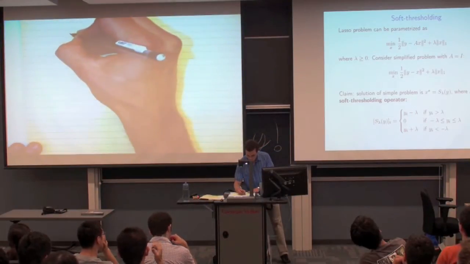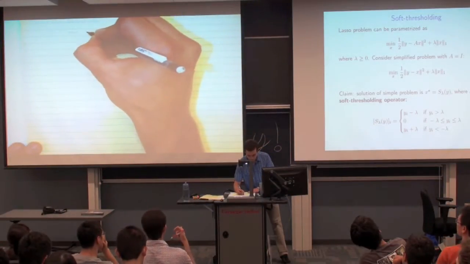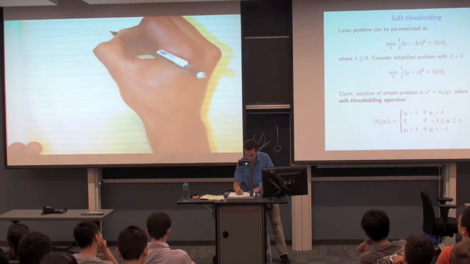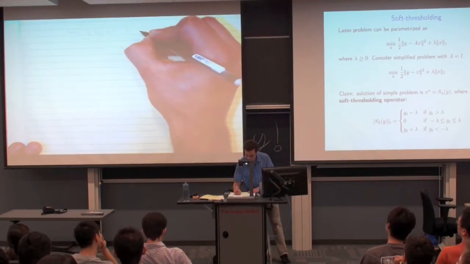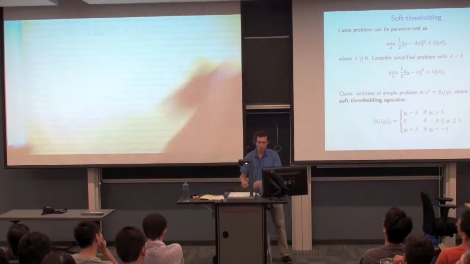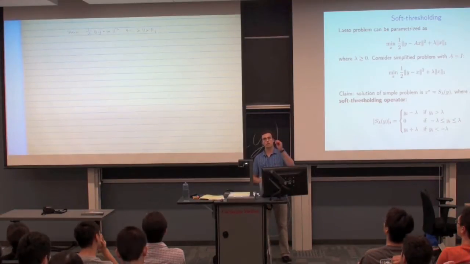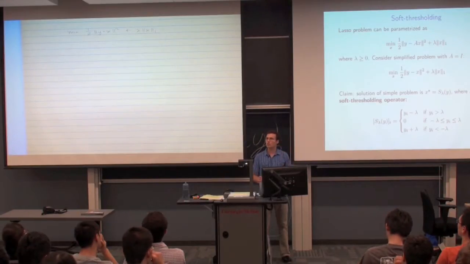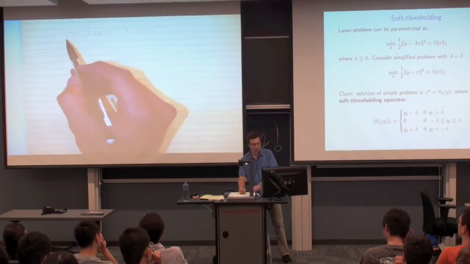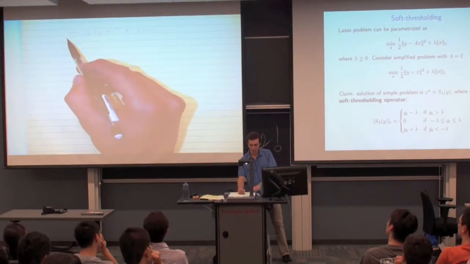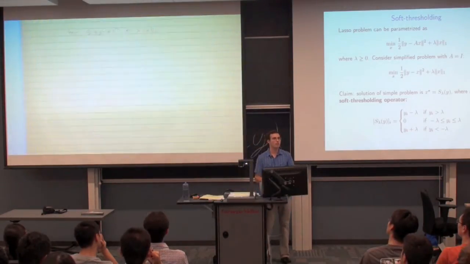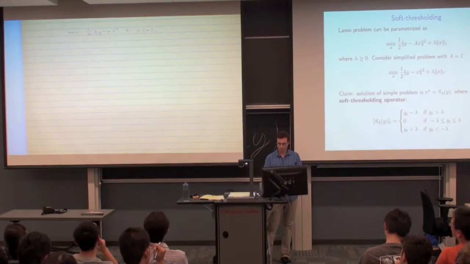So I'm writing down a problem that looks very similar to the lasso, but it's like I'm doing regression with my predictors being equal to the identity. Each predictor is just the indicator vector for that particular component. You might ask, that's a really trivial case, why would I care about this regression setup? But this soft thresholding operator is going to come into play a lot, next lecture and beyond, so it's important to know.